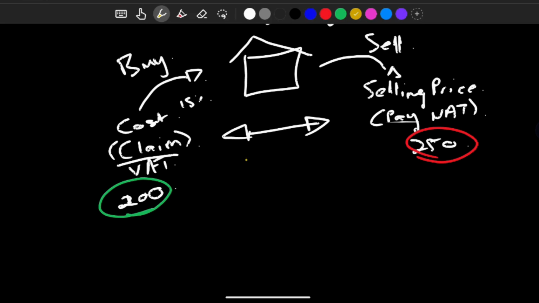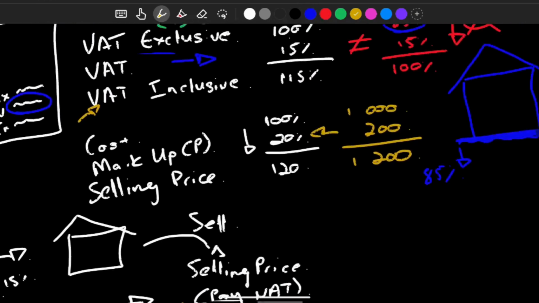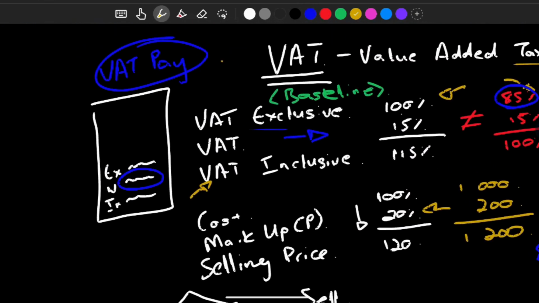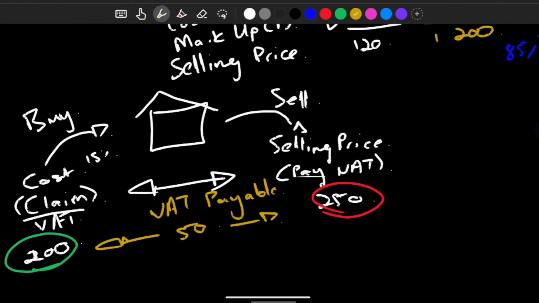The VAT payable to SARS is the 50 rand difference between these two. That's the VAT payable. The 50 rand difference is what you pay to SARS, and that is what we are trying to calculate when we are calculating VAT, right?